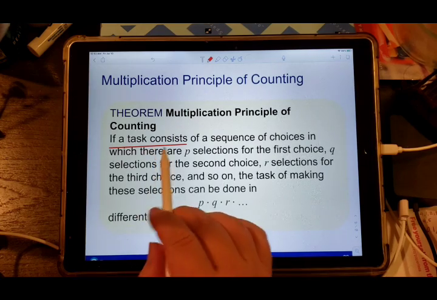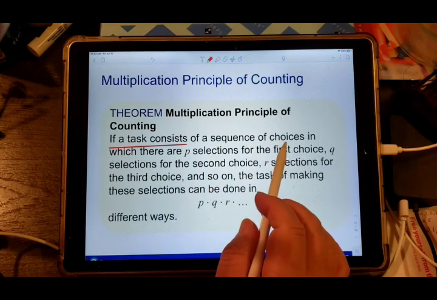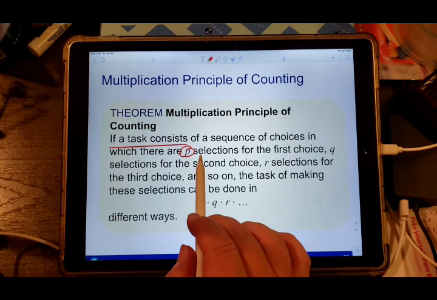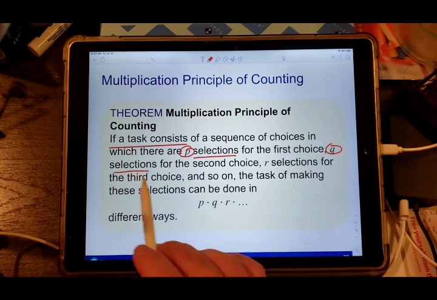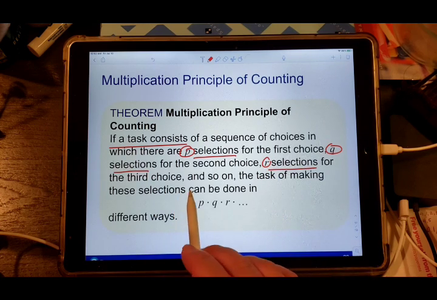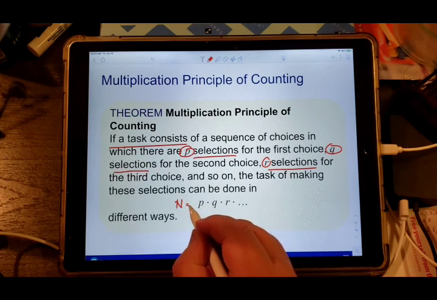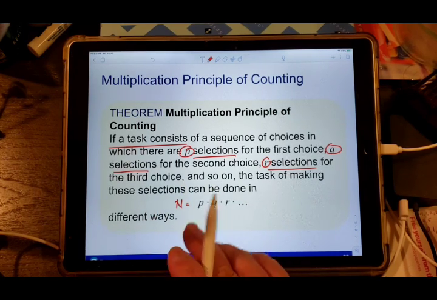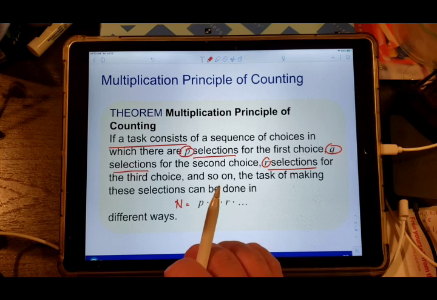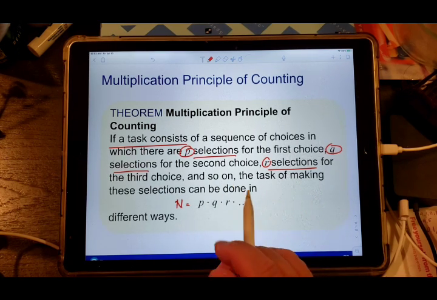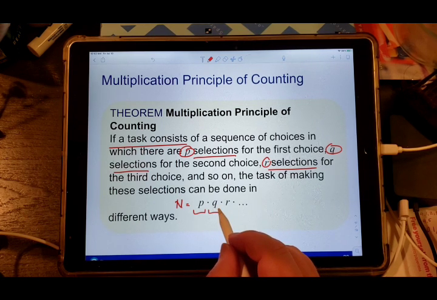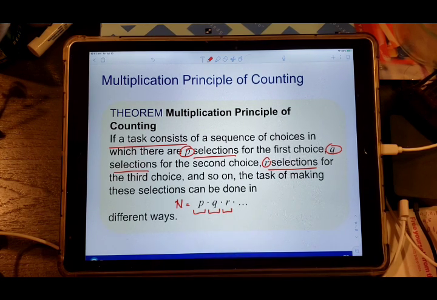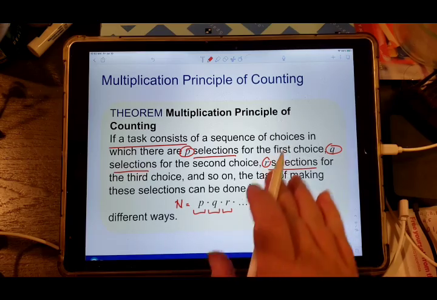And so if a task consists of sequences of choices in which there are P selections for the first choice, then Q selections for the second choice, and then R selections for the third choice, and so on, the number of ways to do the entire task is arrived at by multiplying the individual counts, the individual numbers. So it's the number of ways to do task 1 times the number of ways to do task 2 times the number of ways to do task 3.